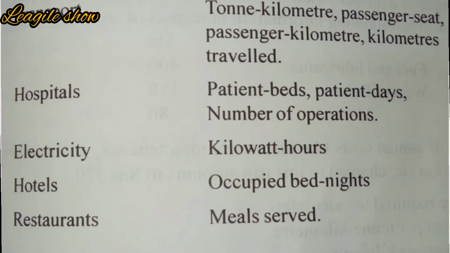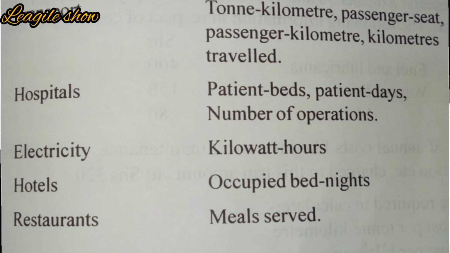So maybe if you can just check some of the examples. I said that calculations will be done later, so stay tuned. For example, in the service of transport, what cost units can an organization use? If you check on your screen now, in transport, maybe they can use cost units like ton kilometer, passenger seat, passenger kilometer, or kilometers traveled.